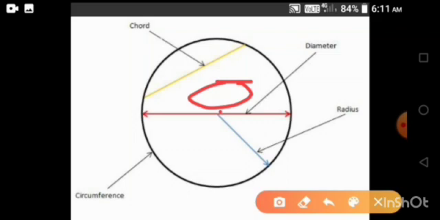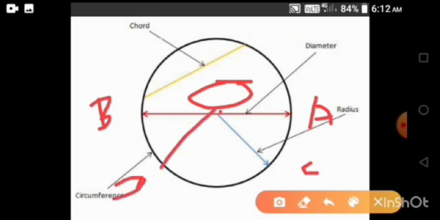The distance from the center to each of these points, point A, B, C, D, is the radius of the circle.